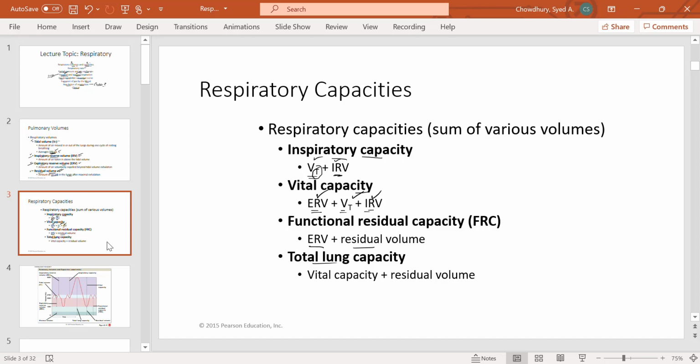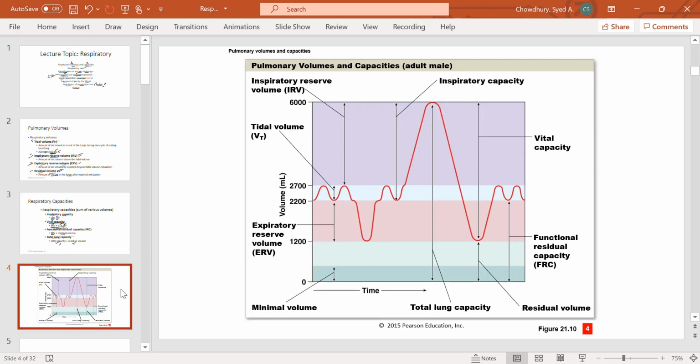Vital capacity, you see here, means these three volumes, and the residual volume, right? So 3 plus 1, all four volumes together give the total lung capacity. Okay, and we calculate these volumes and capacities to determine the lung function.